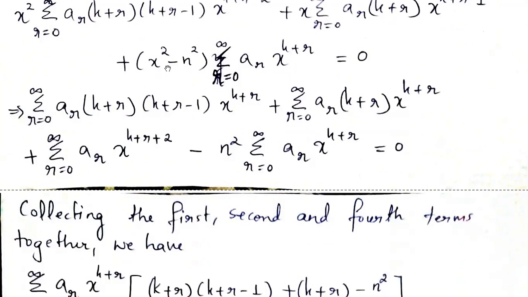And in the last term, x square will be multiplied with this summation, so I get summation r from 0 to infinity ar into, multiplying x square with this term of x, I get x power k plus r, with this power 2 I get k plus r plus 2, minus multiply this n square with this summation, so I get minus n square into summation r from 0 to infinity ar into x power k plus r, and the RHS is 0.